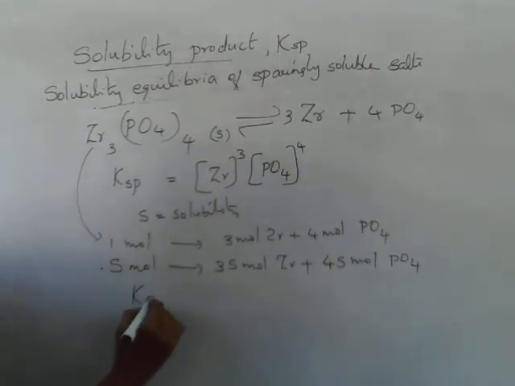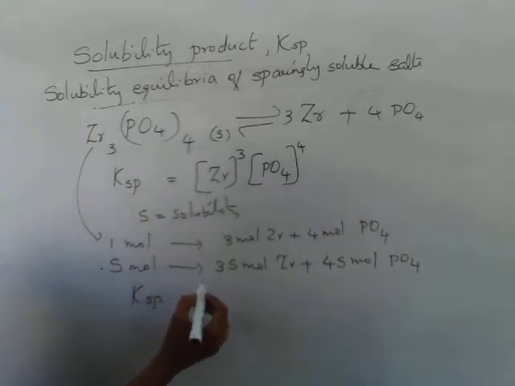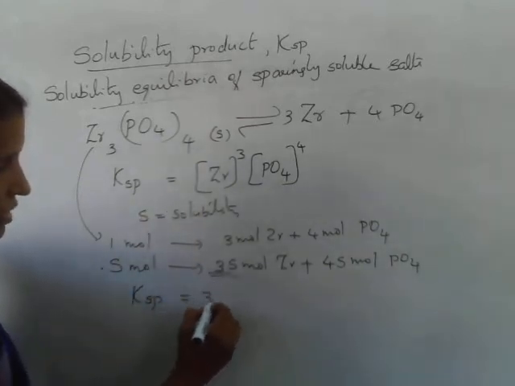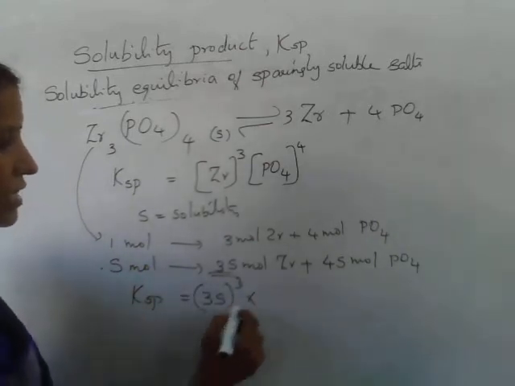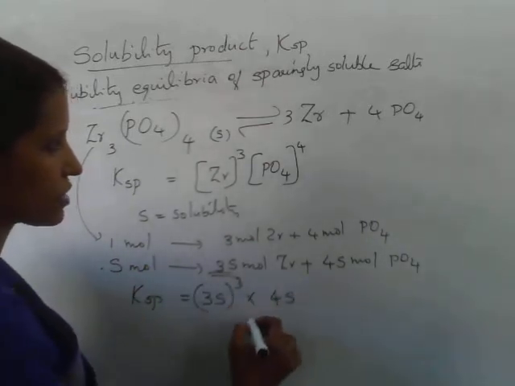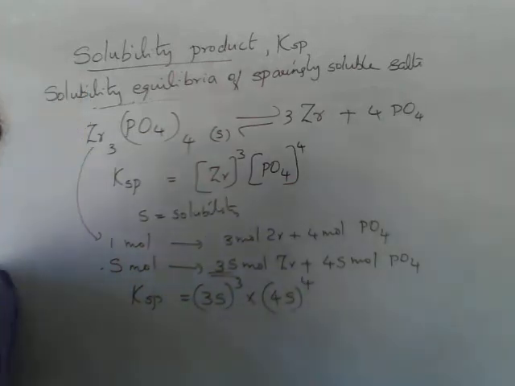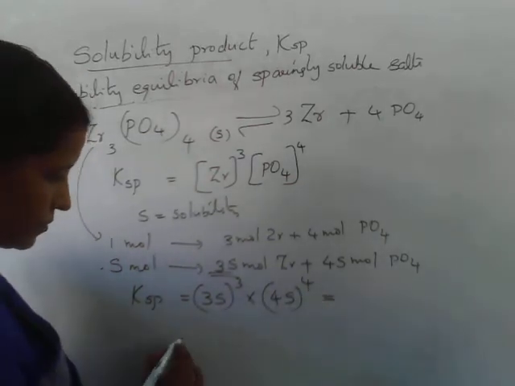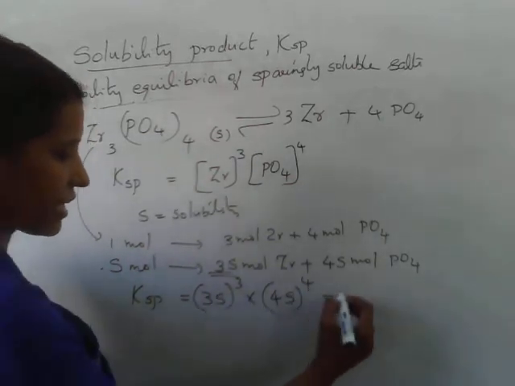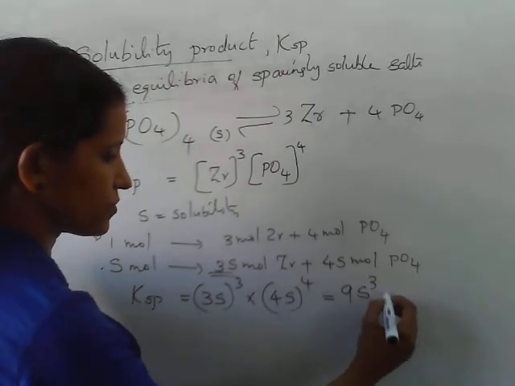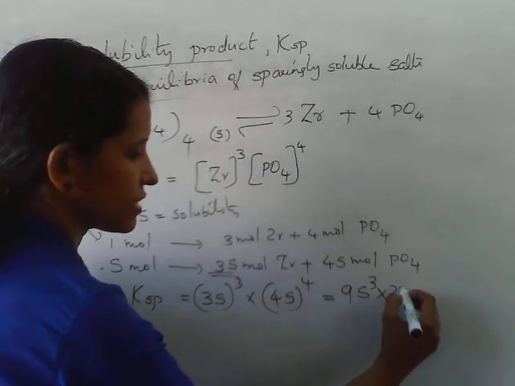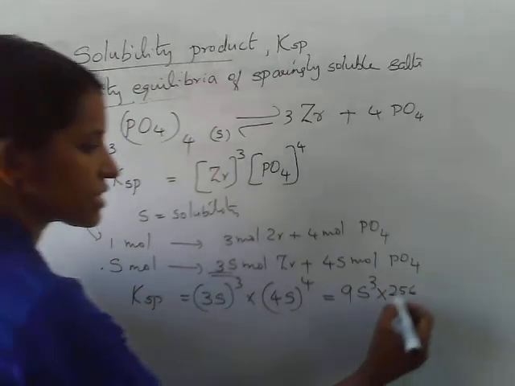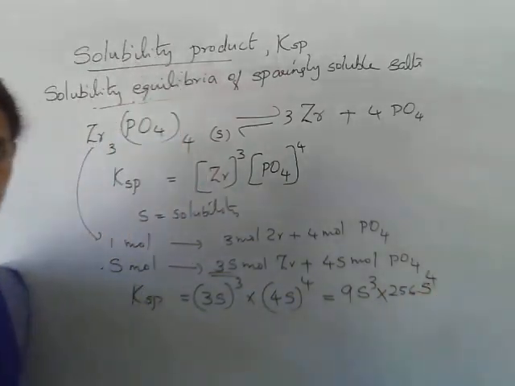So substitute this in the KSP equation. KSP is equal to the concentration of zirconium, 3S, raised to 3, into the concentration of phosphate, 4S, raised to 4. This is equal to 3 into 3 into 3, 9, right? 9S cube into 4 into 4 into 4 into 4, 256 S raised to 4.